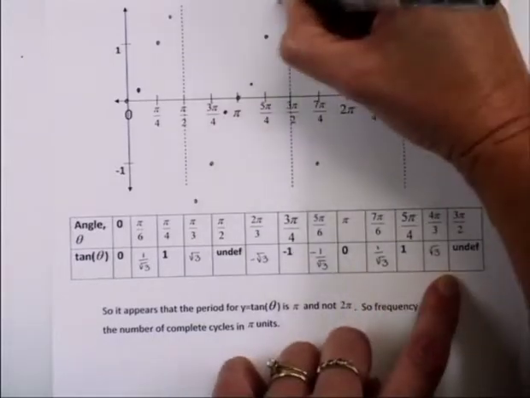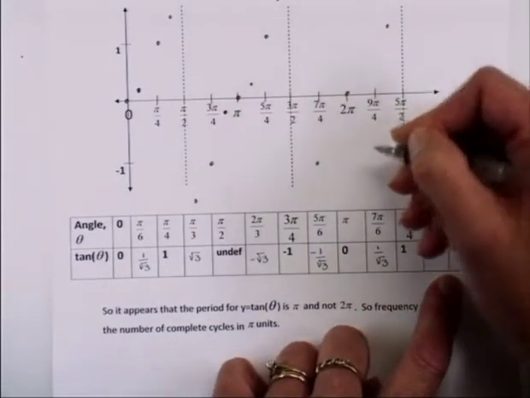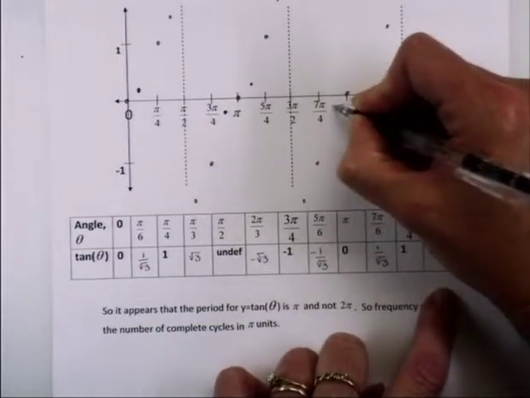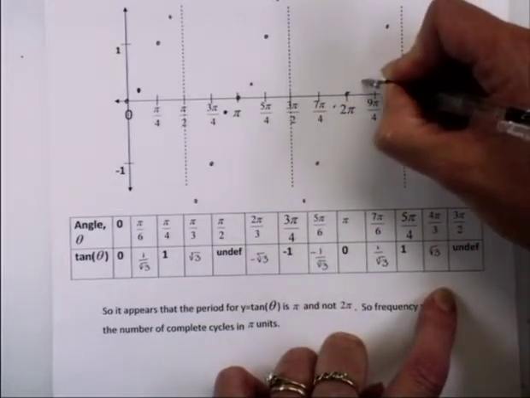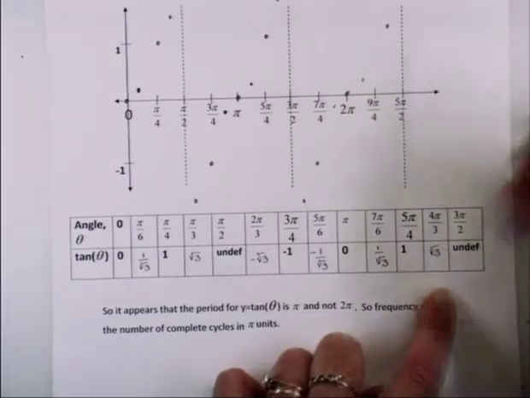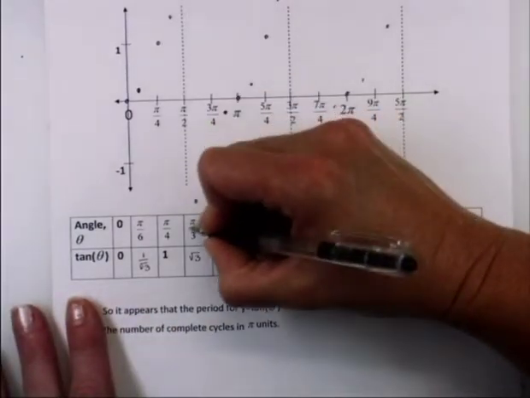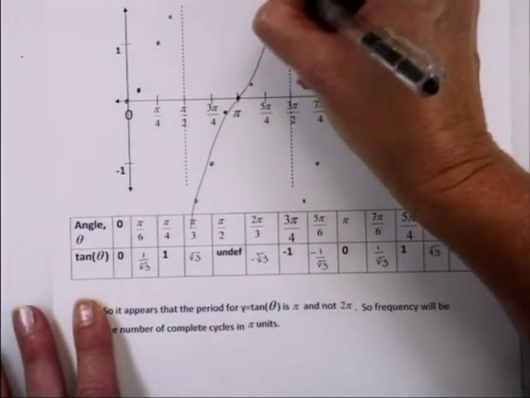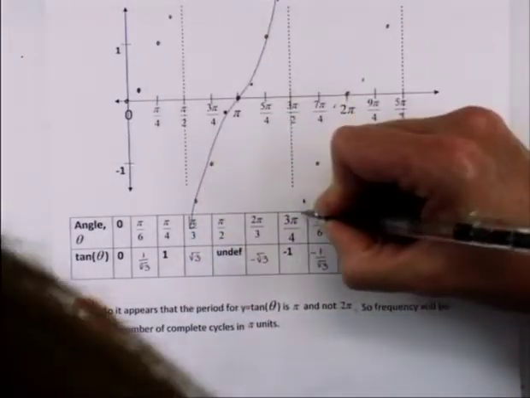And as we graph these points, what we end up seeing is that we do have the same thing repeating, and it's a very gentle curve. So as I connect these, I'm going to connect this middle one right here first. I have a curve that looks something like this.